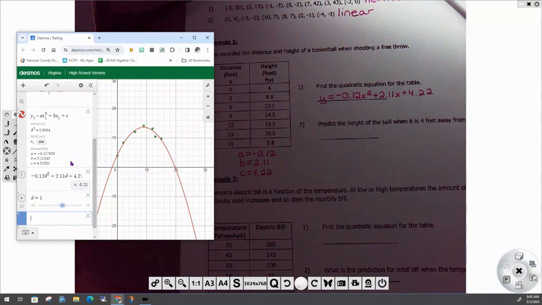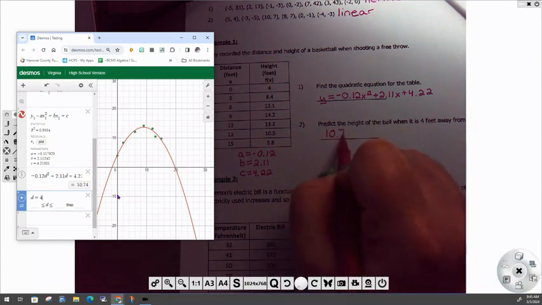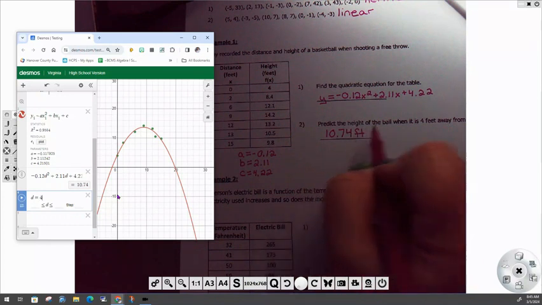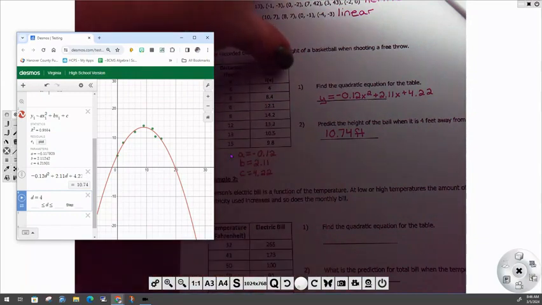And of course, we're going to say d is 4. And it predicts that it's going to be approximately 10.74 feet. Okay? So now let's do the next question.